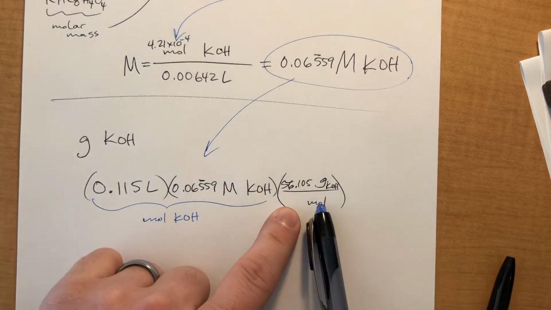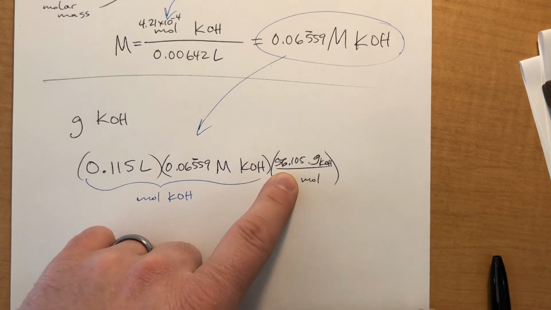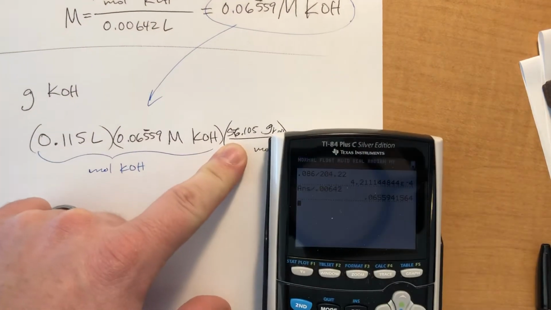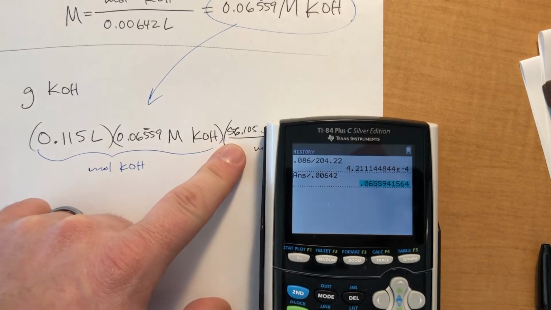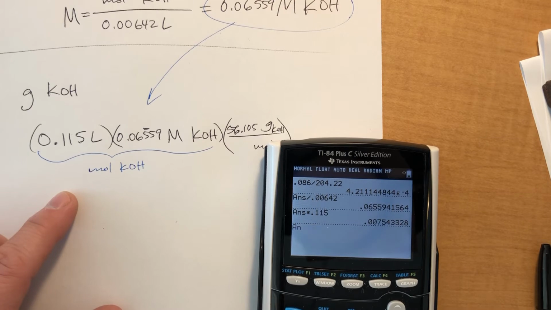It wants grams, so we use the periodic table to convert from moles to grams. If you add up a potassium, an oxygen, and a hydrogen, you get 56.105. So we're going to take this number times 0.115 times 56.105.